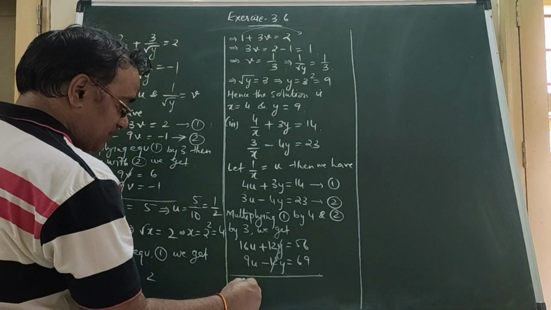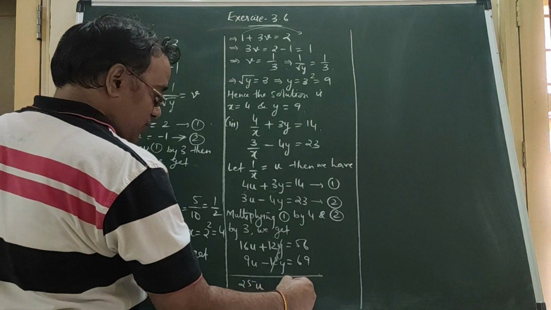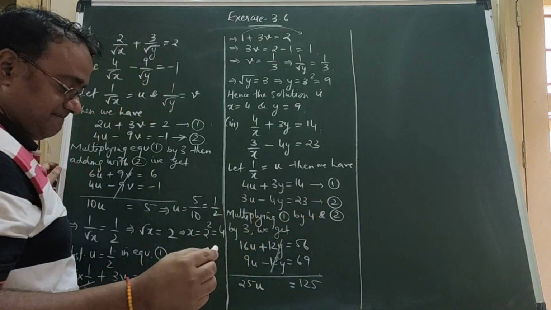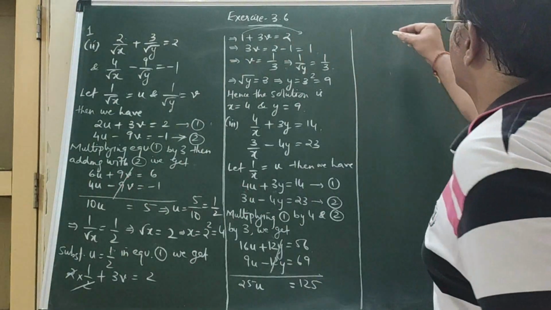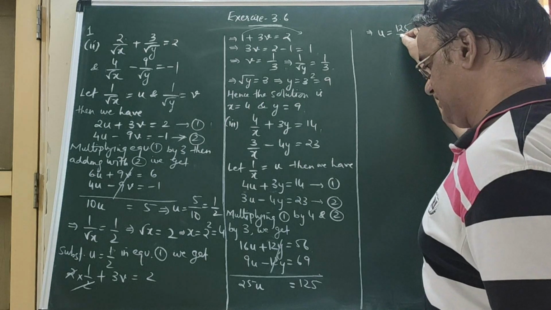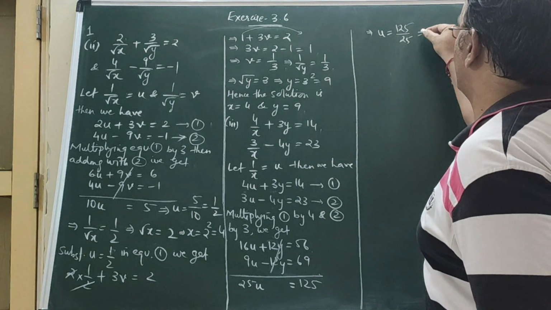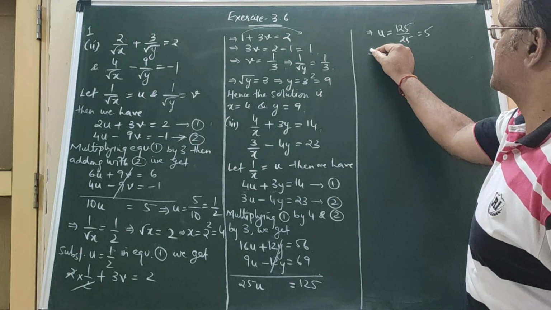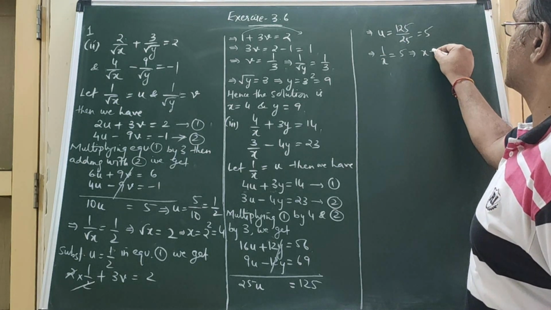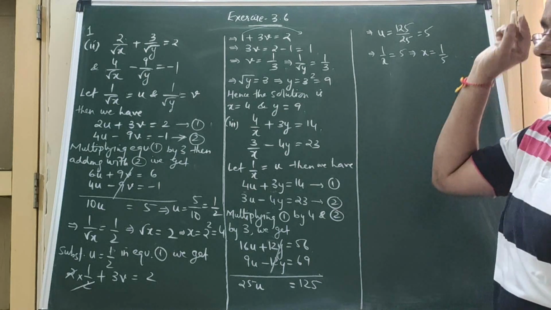This cancelled. Here 25u is equal to 125 we are getting. That means u is equal to 125 by 25, which is 5. So what was u? u was 1 upon x. So we got x is equal to 1 upon 5.